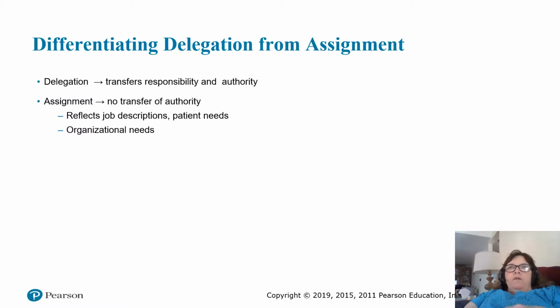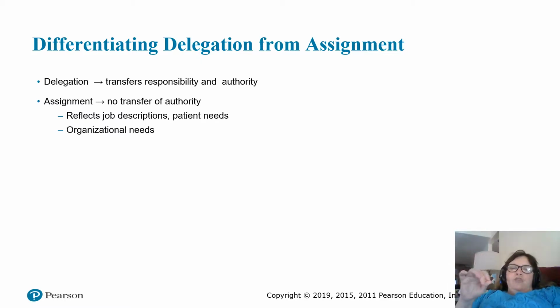So one of the things that we struggle with when we're trying to decide about delegation is: is it delegation or is it assignment? So we look at scope of practice, and in the previous slide presentation, we talked about delegating things that are within the UAP's scope of practice, but that may be outside of their normal assignment duties.